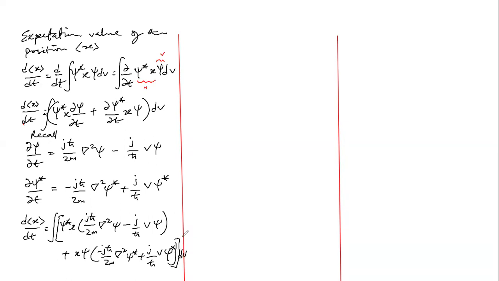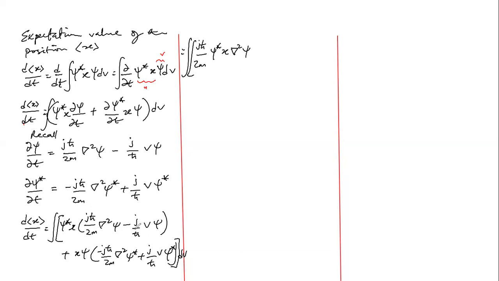So we are good. What we now need to do is to open up this bracket. Let's show it step by step, so we don't entertain any level of doubt. Here we have j h cross over 2m, which we're bringing out now. So that's psi conjugate x nabla squared psi.